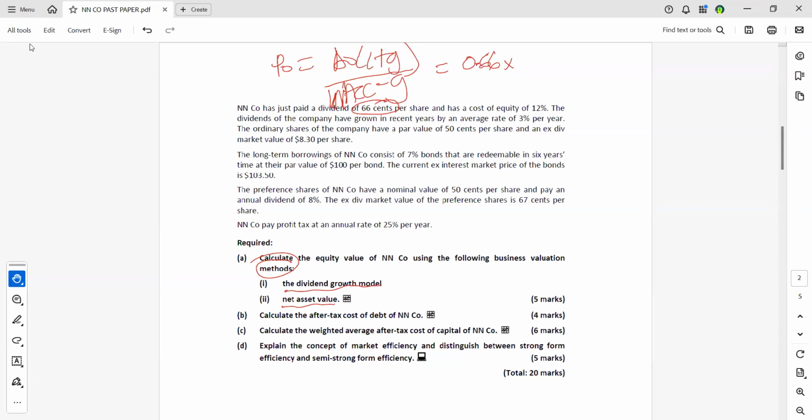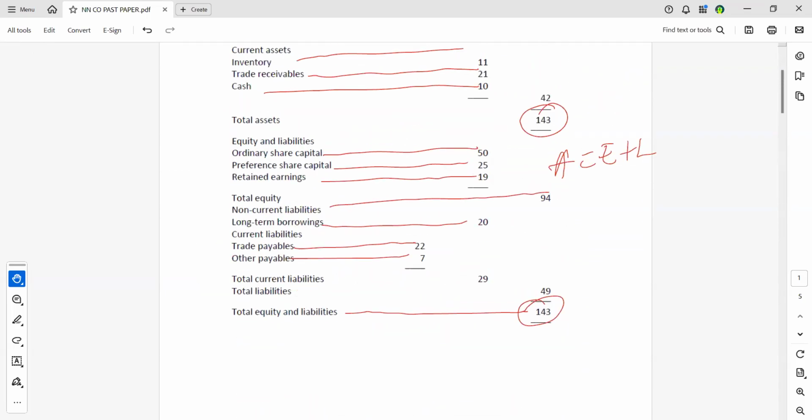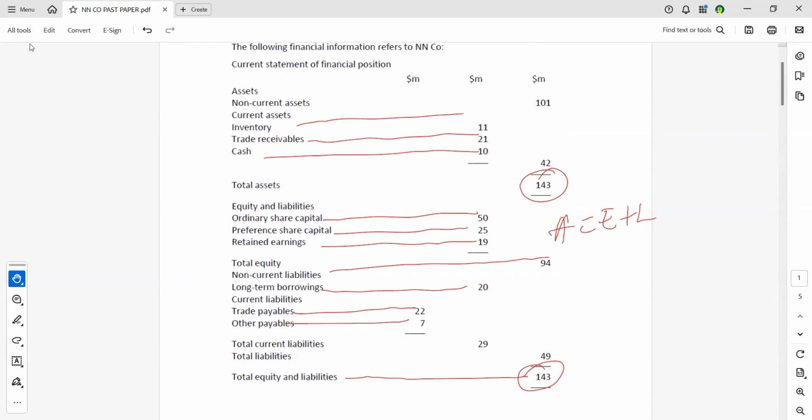NN Co has just paid a dividend of 66 cents per share and has a cost of equity of 12%. Now, because the examiner said we should use the equity value, that means we are not expected to use the WACC. Instead, the rate here is supposed to be Ke. The examiner has modified this to say calculate the equity value. If it was to say calculate the market value, that means we need to use the WACC, if the company is financed by both equity and debt. As we can see, the company is financed by both equity and debt.